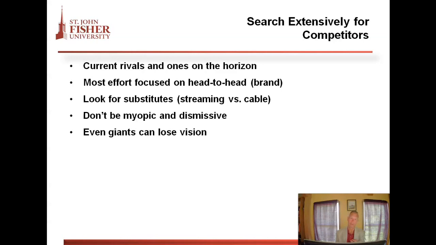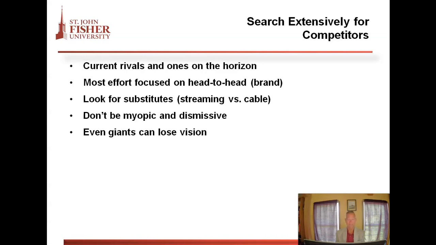That doesn't necessarily mean, though, it's a threat. A lot of people can use that competition to look at what they're doing well, do the same thing well, and then do other things better. So again, we can't be myopic or dismissive of our competition, even if they're not a strong competitor yet. Who knows, they might be acquired by somebody and become a larger competitor in the industry.